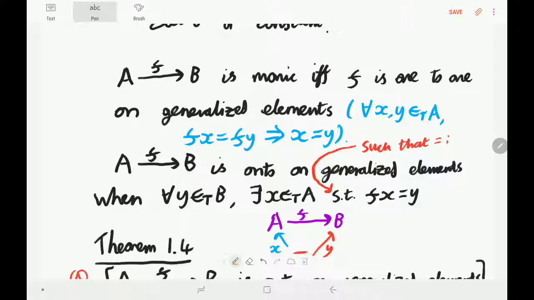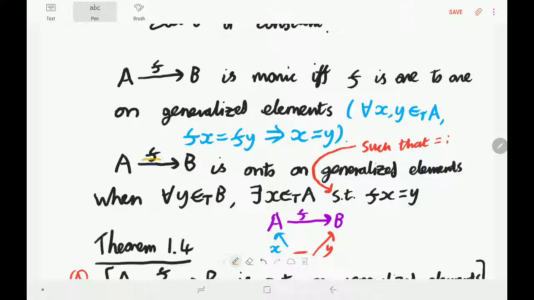But more generally, just saying that an arrow is epic in a category isn't really as strong as all that. A stronger condition would be to say that an arrow f from A to B is onto on generalized elements. It's saying that an arrow is what they call split epic, which is a stronger type of condition than just being epic. But I'll get onto that.